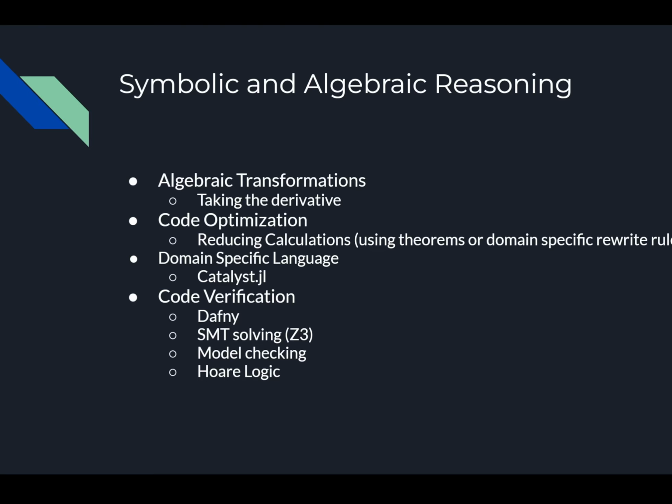Another use is code verification. You can write code that looks at other code and produces results symbolically, saying what should be true at certain points in that code. There's actually a language called Dafny that uses Hoare logic to do just that.